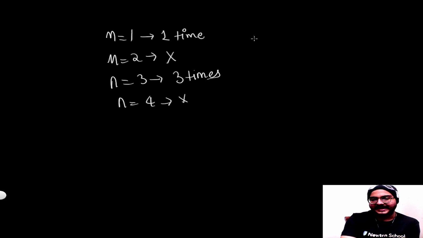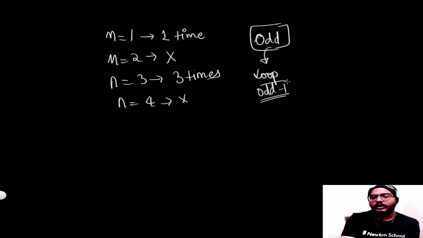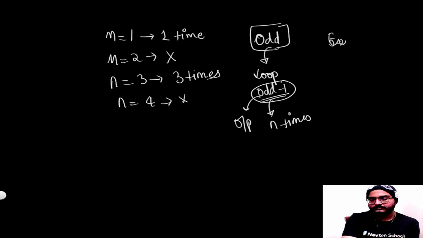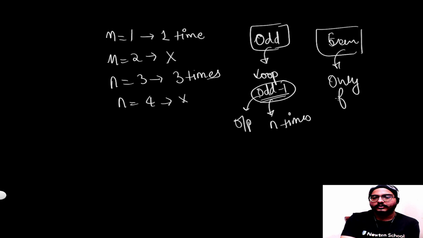So when an odd number comes, the loop runs n times, and when I have an even number, my loop does not run at all.